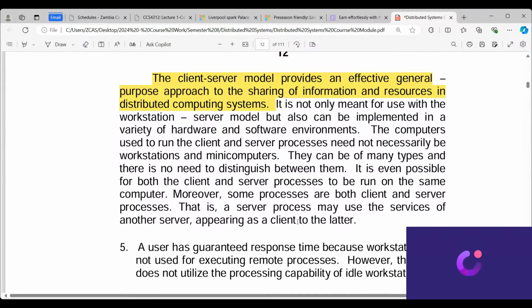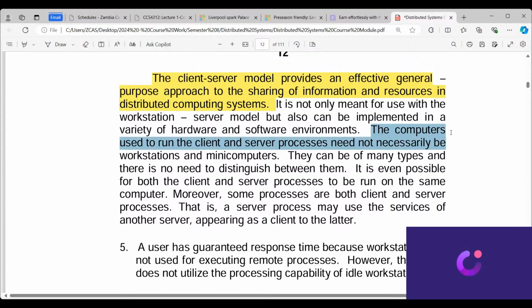The clients are able to make requests to the server, and the server is able to provide the response. It is not only meant for use with the workstation server model, but also can be implemented in a variety of hardware and software environments.